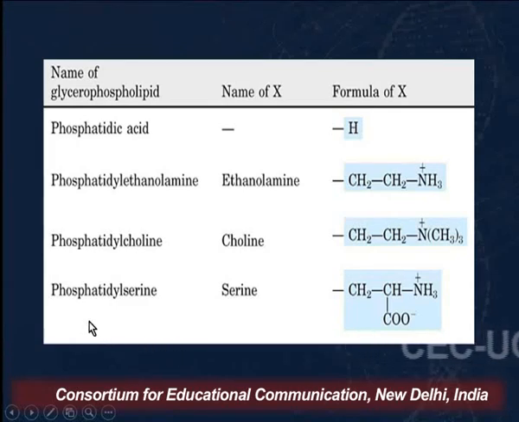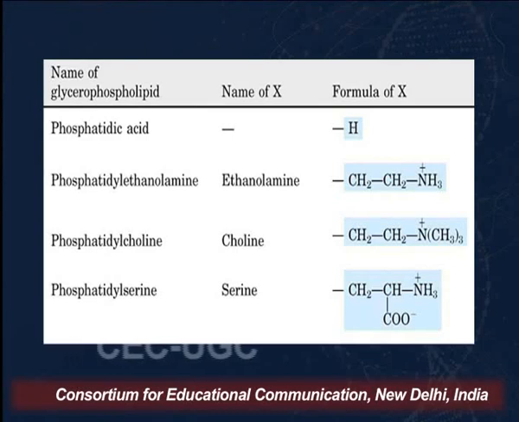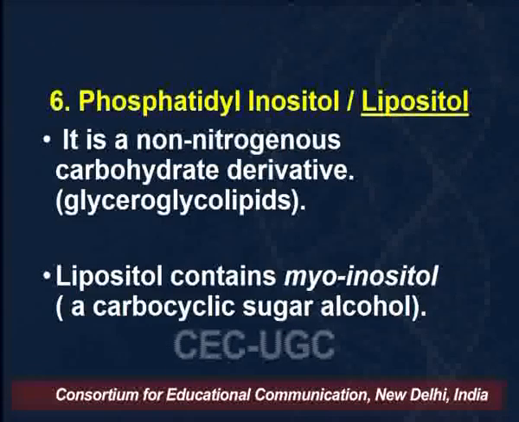And if we have serine present, then the molecule is phosphatidylserine. So you do not have to mug up the structures, you just have to remember the basic structure of phosphatidic acid, and then whether they ask you phosphatidylethanolamine, phosphatidylcholine or phosphatidylserine, you will change the bases and you will get the desired glycerophospholipids.